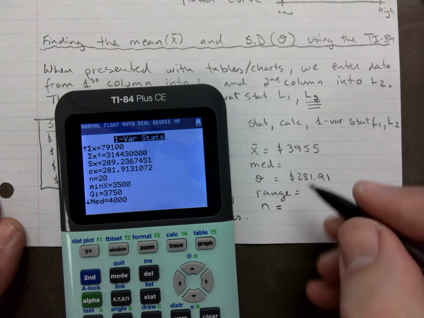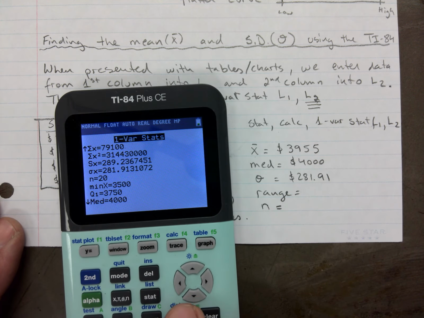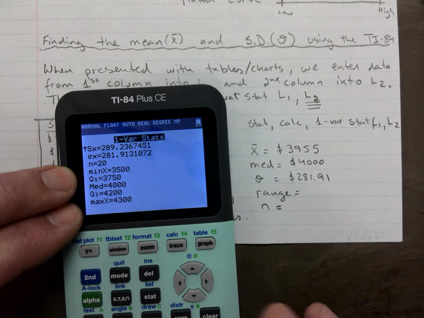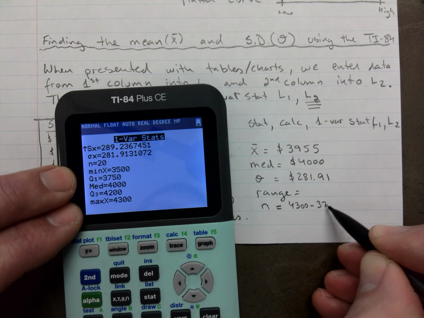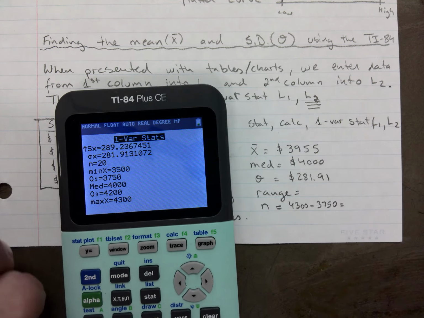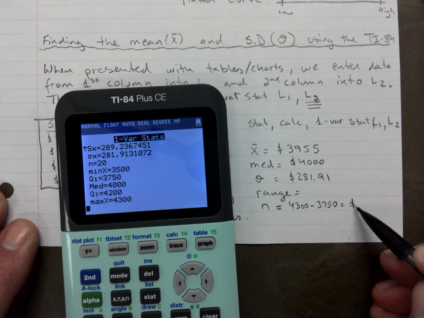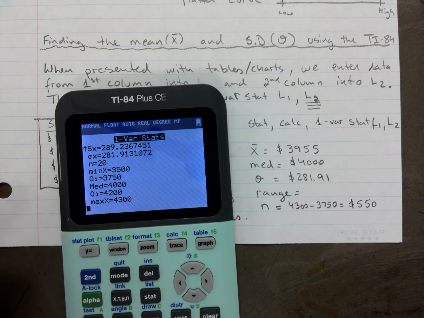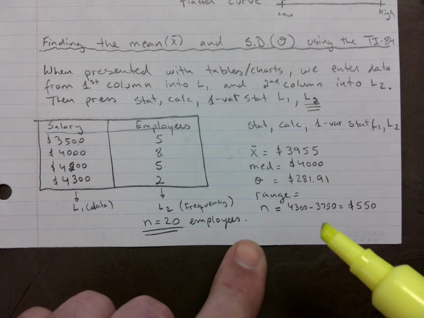My median is 4,000. And my range would be 4,300 minus 3,750. So that's 550, right?